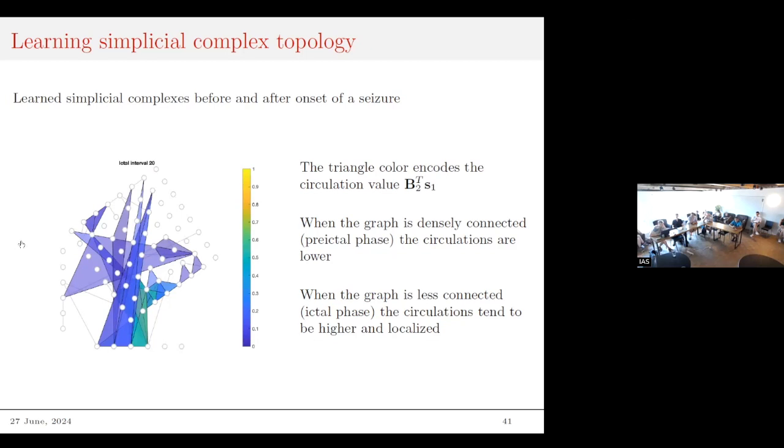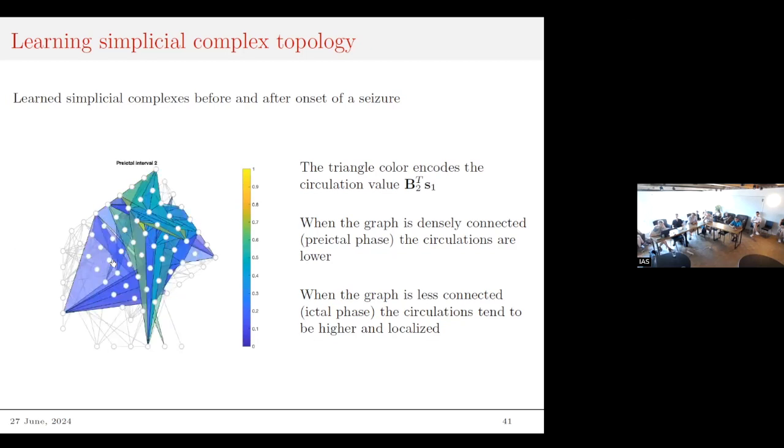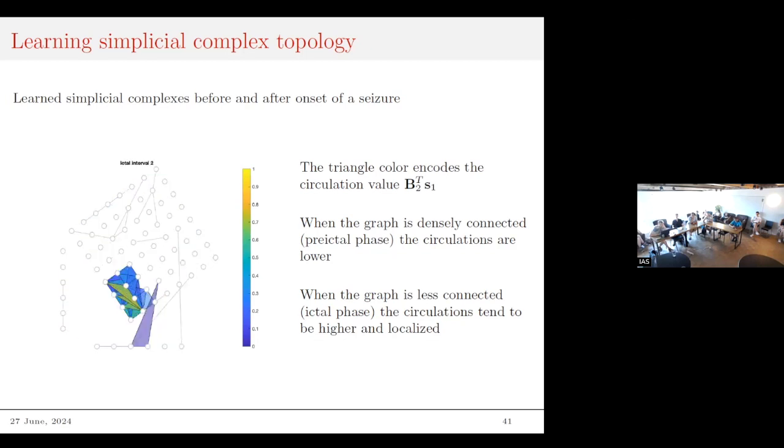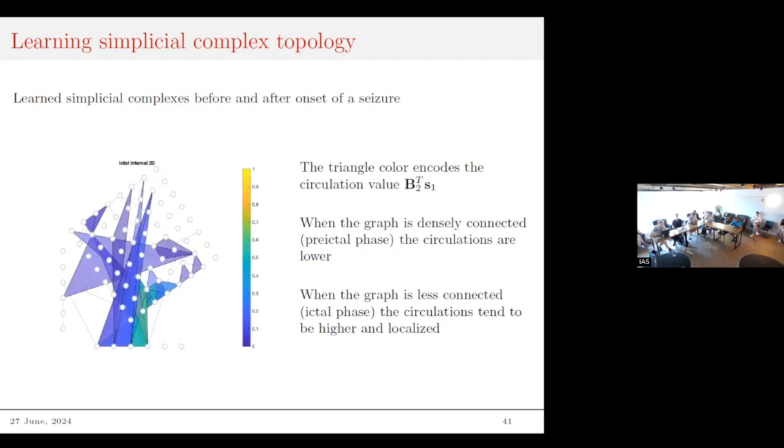Why? I think that also in this case, we needed the interpretation of neuroscience. But it seems that when the graph is strongly connected, we have a low circulation of the information over the triangles. It's one thing that is known, you should have come one week before because the expert in epilepsy was here.